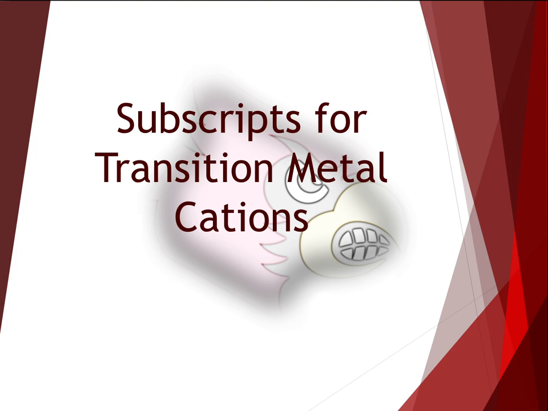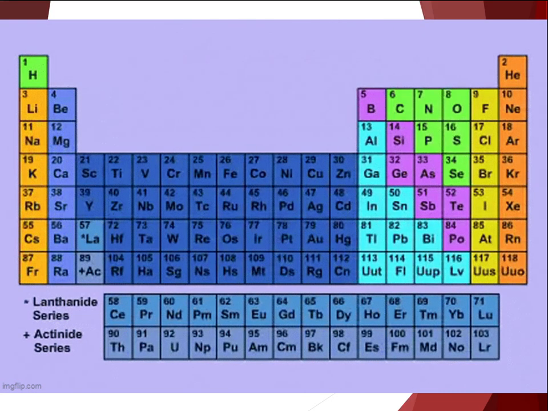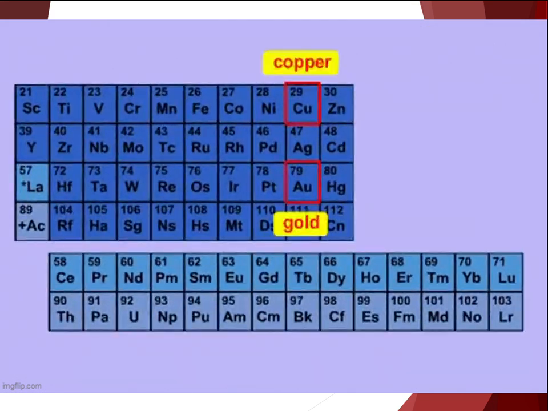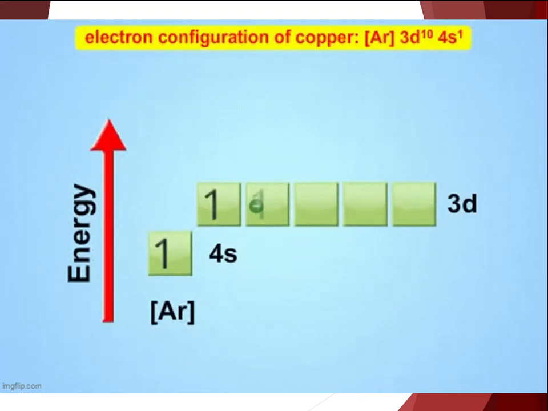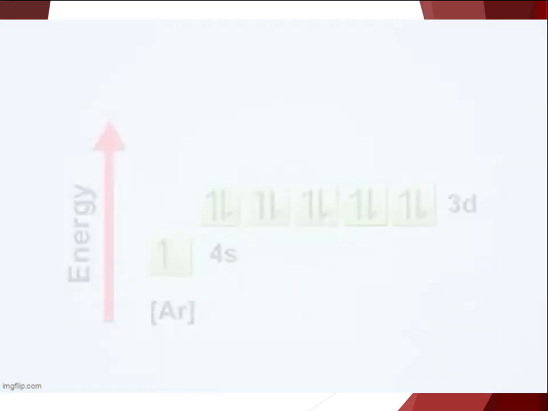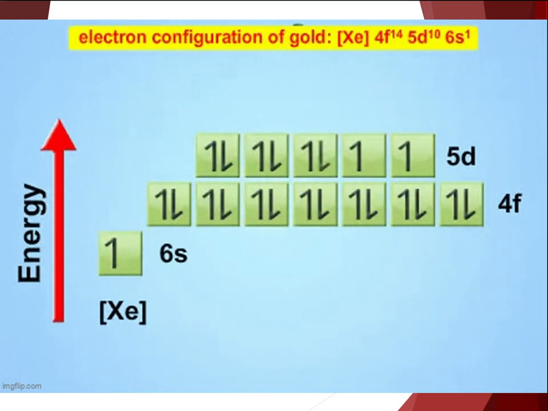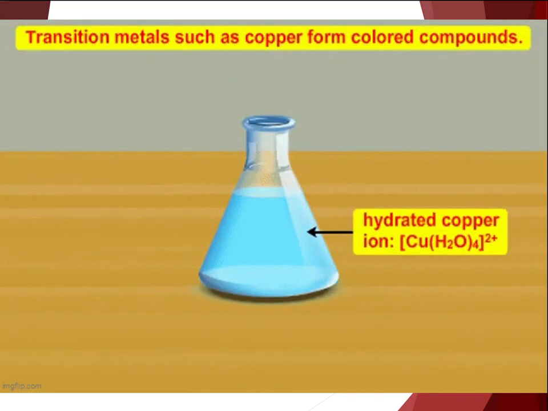Our next main idea, subscripts for transition metal cations. The process is a little trickier for cations formed by transition metals, such as copper, Cu, iron, Fe, cobalt, Co, chromium, Cr, and mercury, Hg.